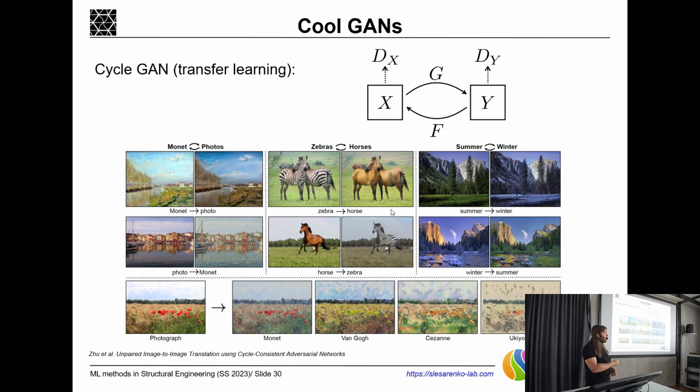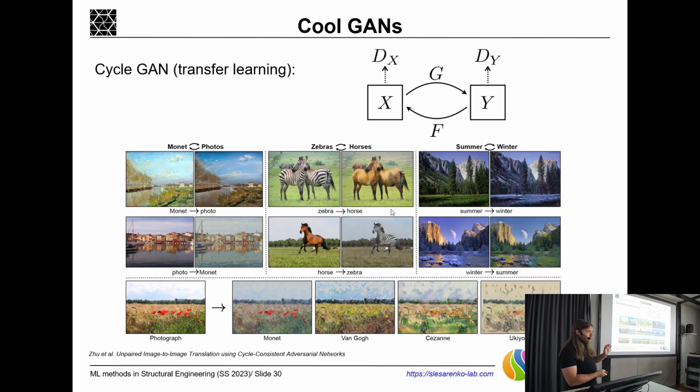It has just two data sets. It also has two discriminators, and it kind of has two generators. What each generator does is get one image as kind of noise, and then transform it into another image in the target domain.